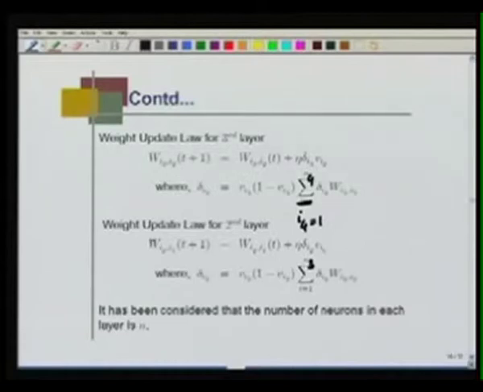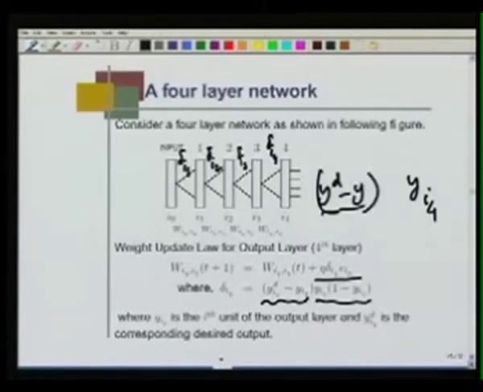So the weight update law for the second layer will similarly be eta delta_i2 V_i1. You can easily check it. For this, delta_i4 into V_i3, this is delta_i3 V_i2, this is delta_i2 V_i1, and this is delta_i1 and X_i0, because here it is the input layer X_i0. So this is what we will have.